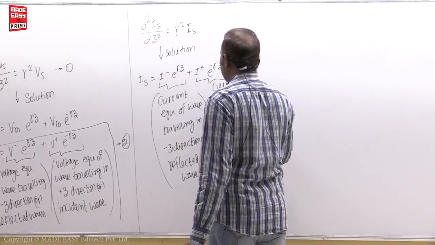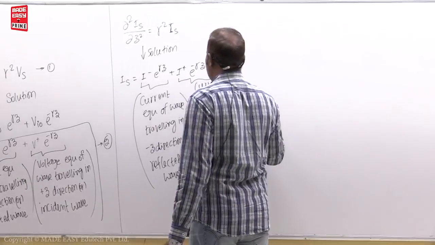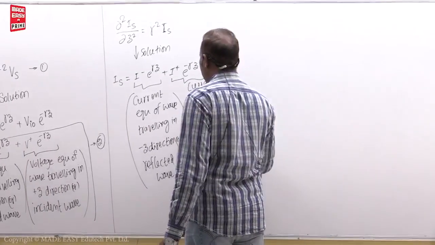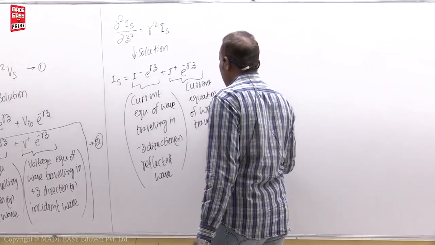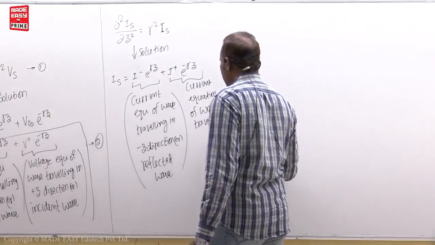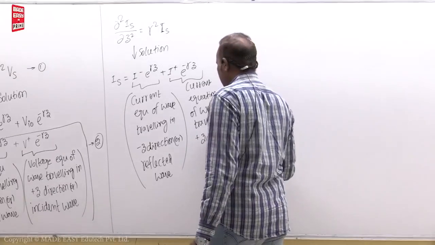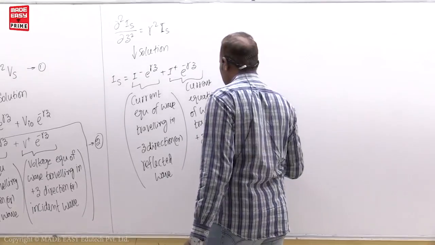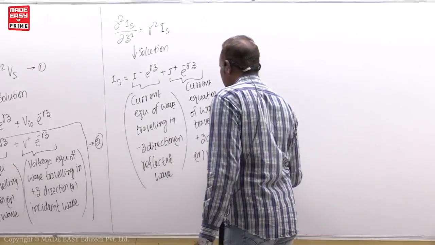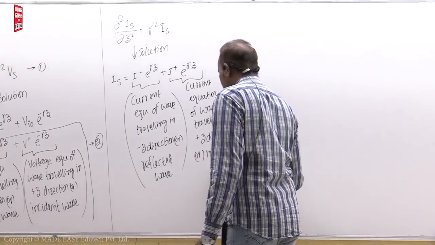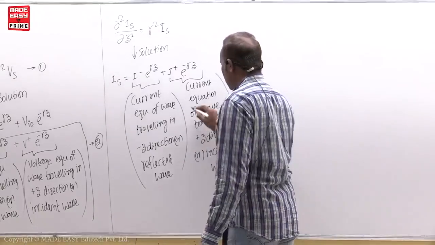Okay, and this one is the current equation of the wave traveling in the plus z direction, or otherwise it is called the incident wave.